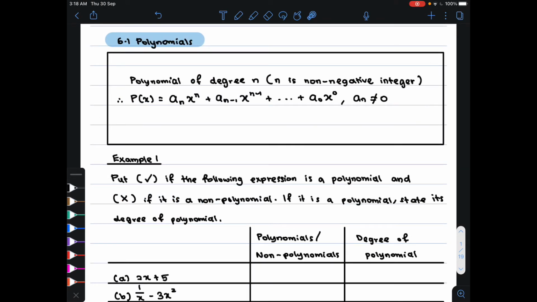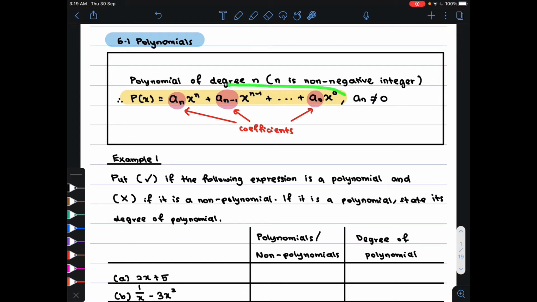So, what is the meaning of polynomial? Basically, polynomial is just an expression that can be written in this form, where an minus 1 until a0 are the coefficients, and an must not equal to 0.